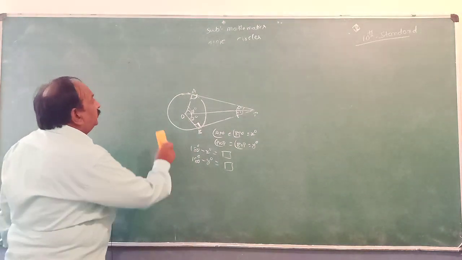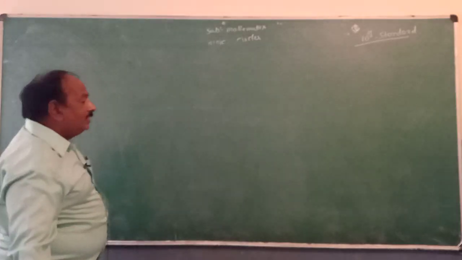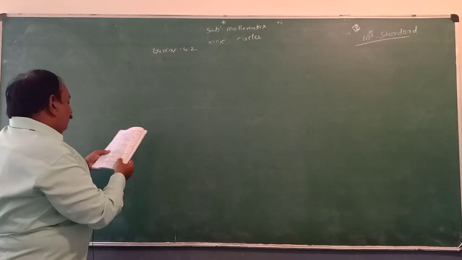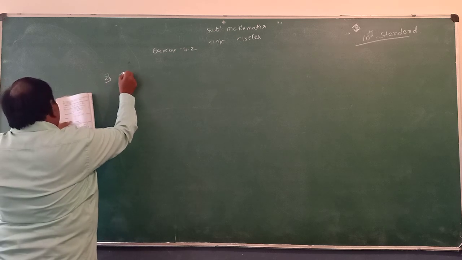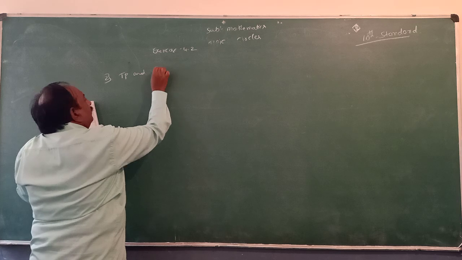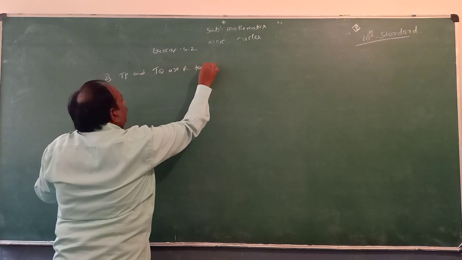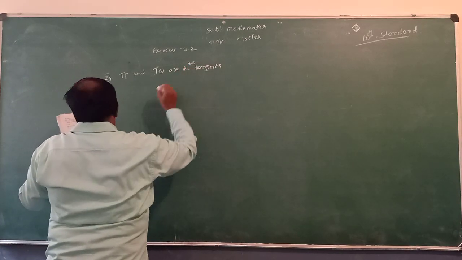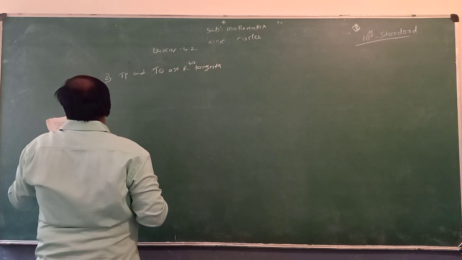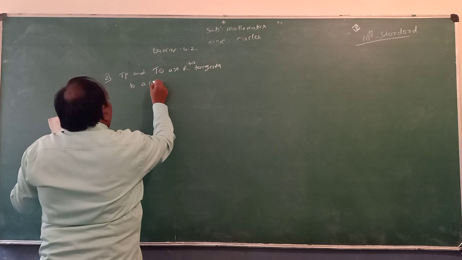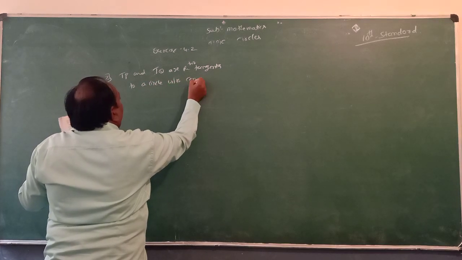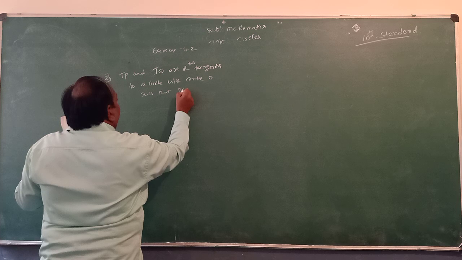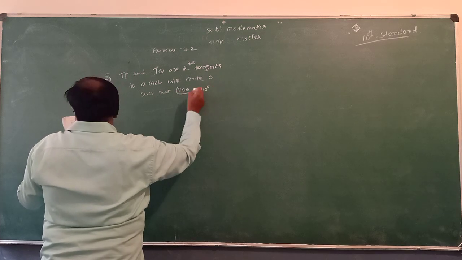In exercise 4.2, problem number 2: TP and TQ are the two tangents to a circle with center O, such that angle POQ is equal to 110 degrees.